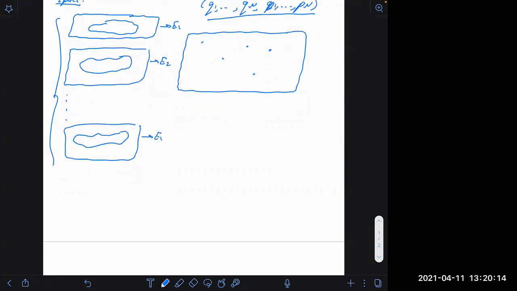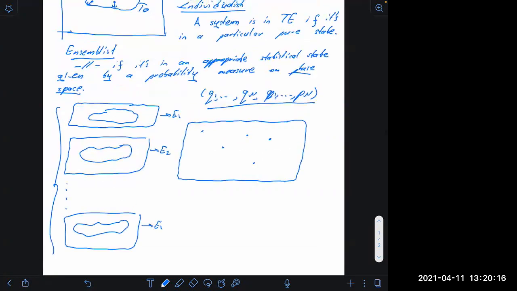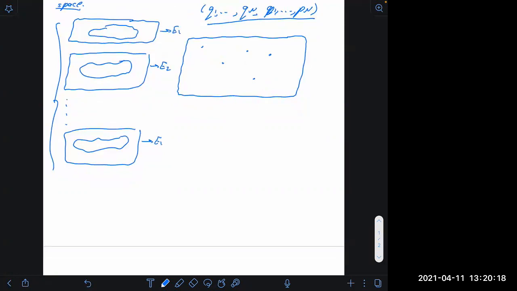Okay. So the probability distribution that the ensemblist approach talks about is called the Boltzmann distribution. It's defined as the probability of being in a particular state X is e to the negative beta times the energy of the system in that state, over some normalization factor.